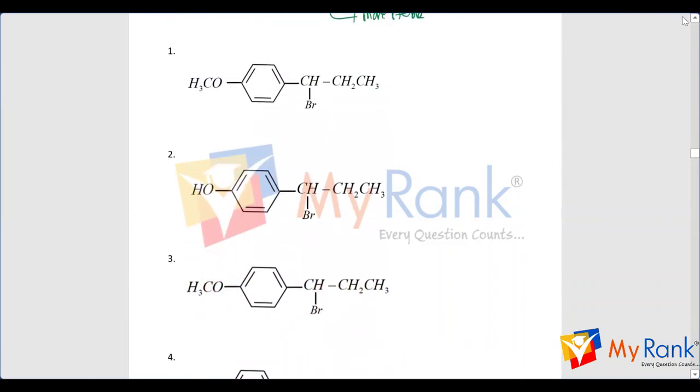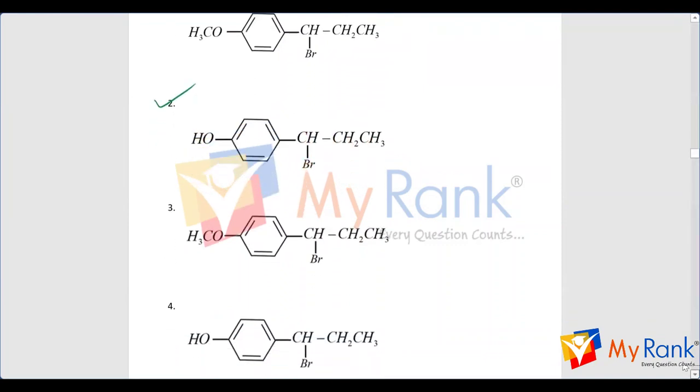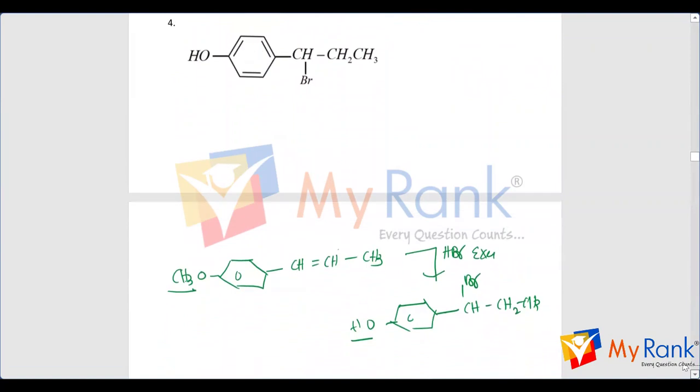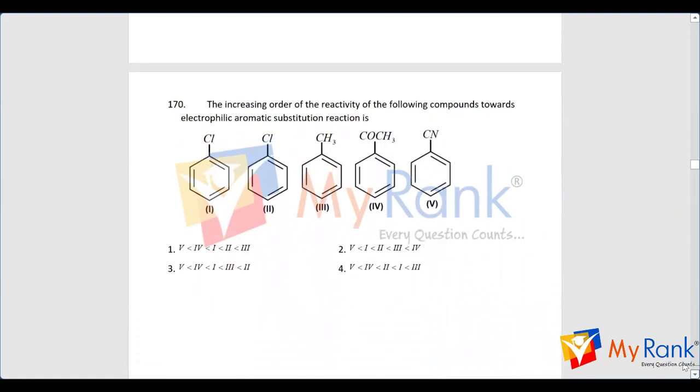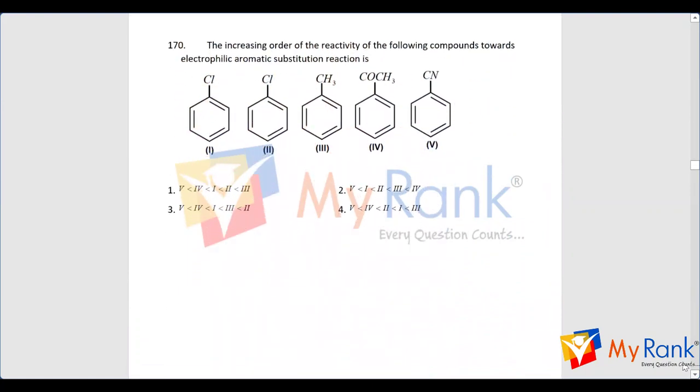Therefore, what is the correct option here? OH, Br attached to the benzylic carbon. Therefore, the second option is the correct option. And the next one is question number 170.